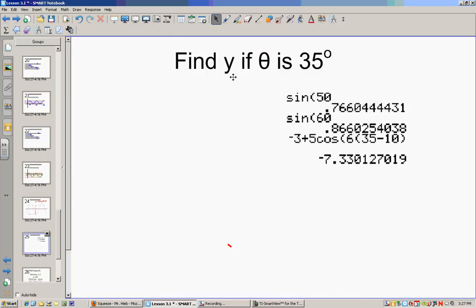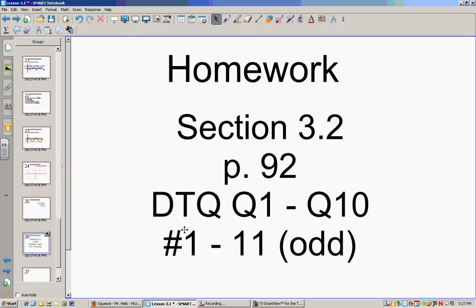And if you want to find y if theta is 35, I just plugged it into this equation and got -7.33. All right, your homework for today is do these quickly, 1 through 10 and 1 through 11 odd. Good luck.